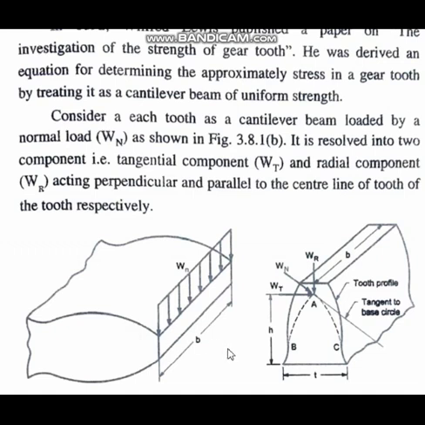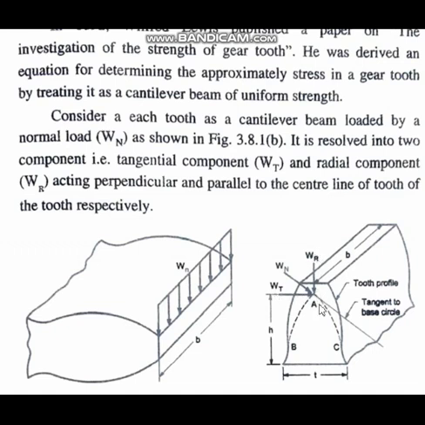If I draw the tooth here like this, this is the tangent to the base circle, and on this tangent Wn will be working. This Wn can be resolved into two components.